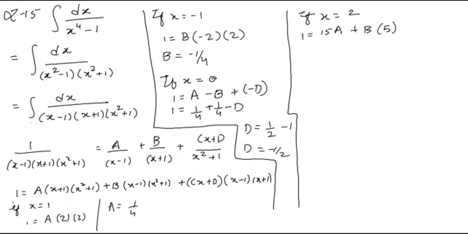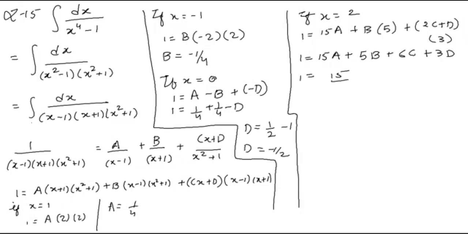That will be 5b plus 2c plus d into 2 minus 1, 1, and 2 plus 1, 3. The final equation is 15a plus 5b plus 6c plus 3d. I know the value of a as 1 by 4. This is minus 1 by 4. 6c as is, and this is minus 3 by 2.